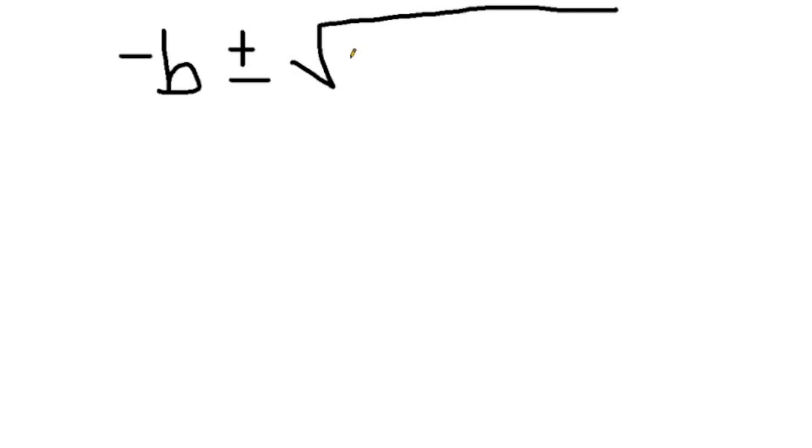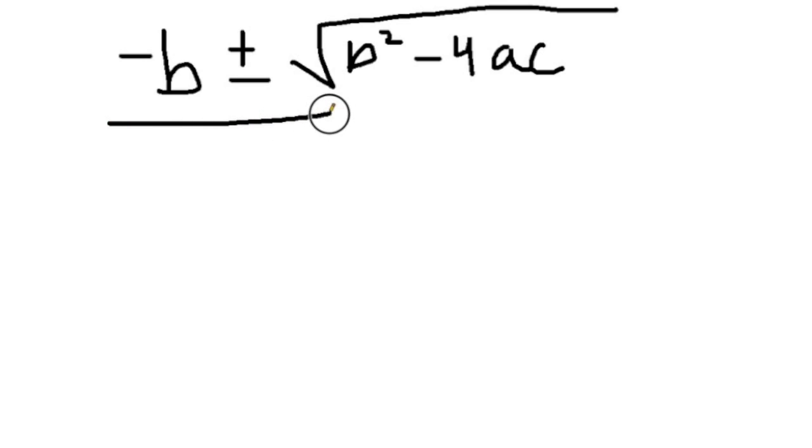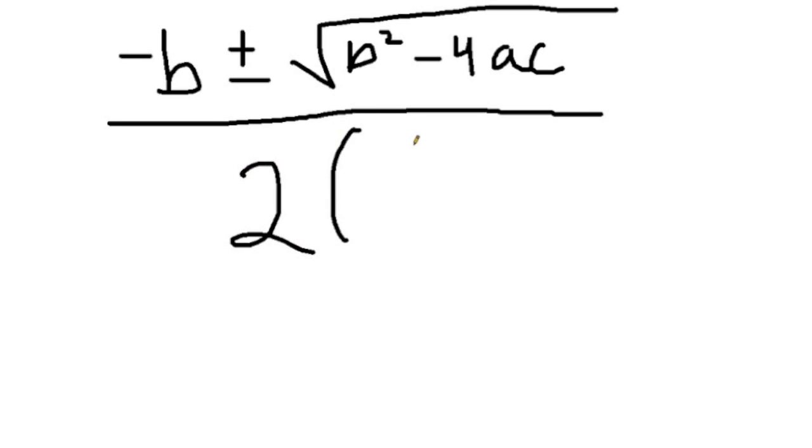One thing we've got to know is our quadratic formula, which is negative b plus or minus the square root of b squared minus 4 times a times c, or minus 4ac, and divided by 2a. That is the quadratic formula.